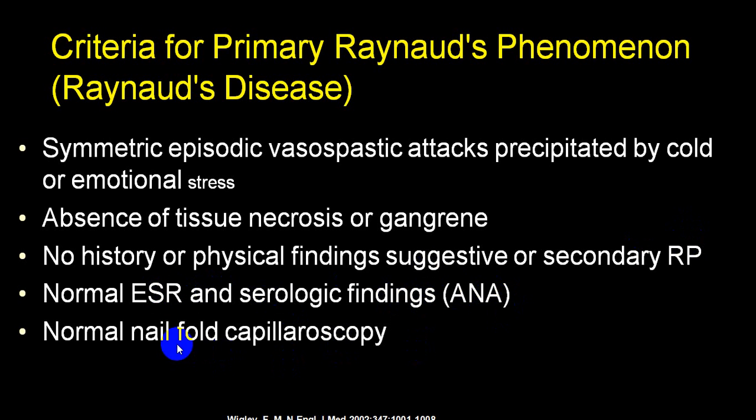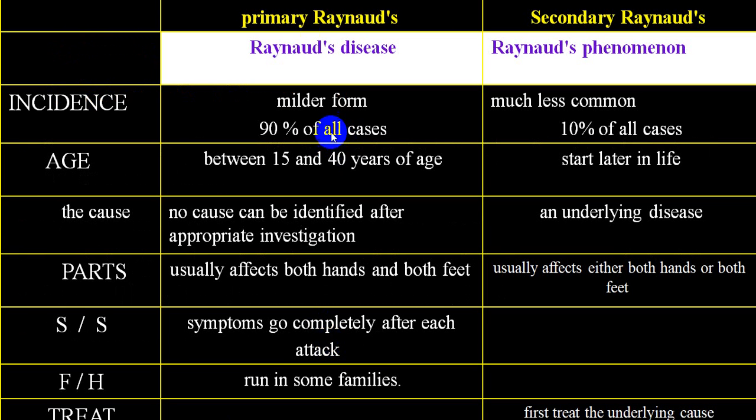And if you look at the nail fold capillaroscopy, it will be normal. While in case of a secondary, on capillaroscopy you will get dilated arterioles and there will be dropouts. So this is a difference which we have already told you.